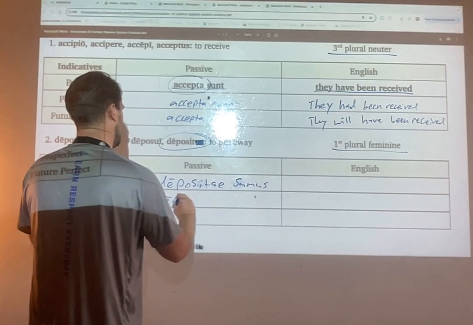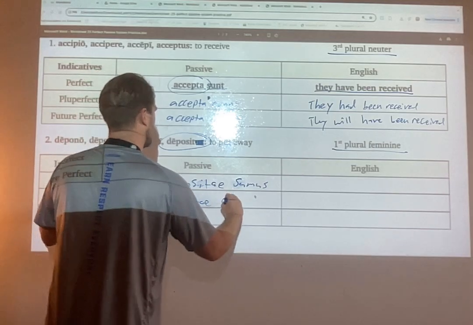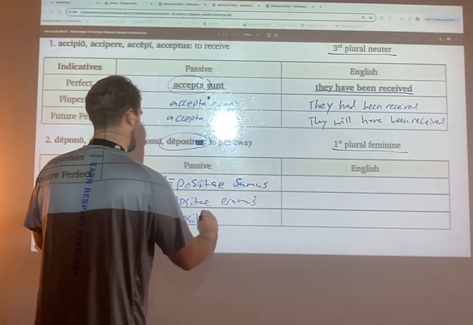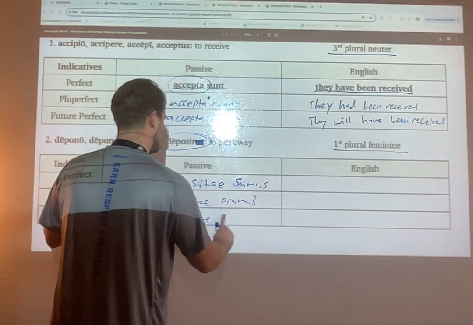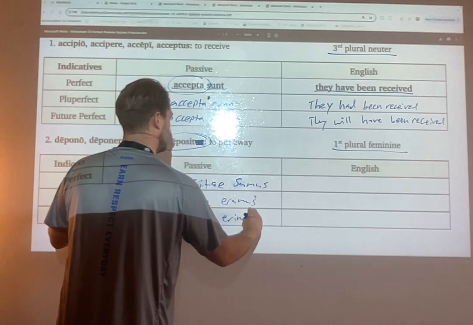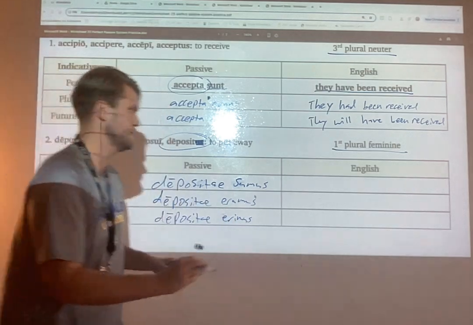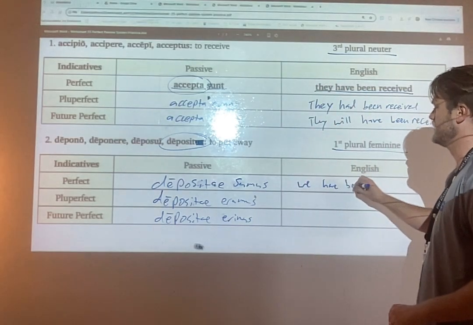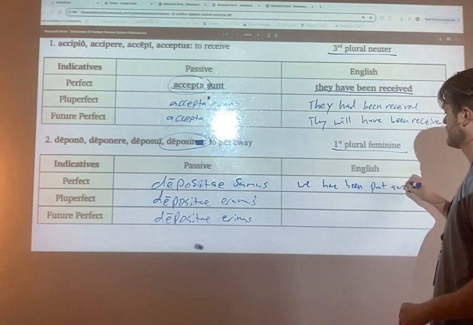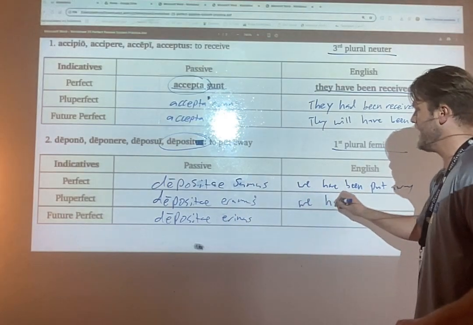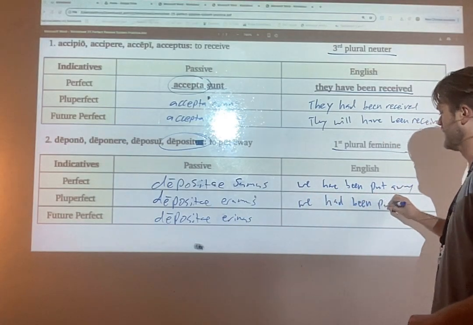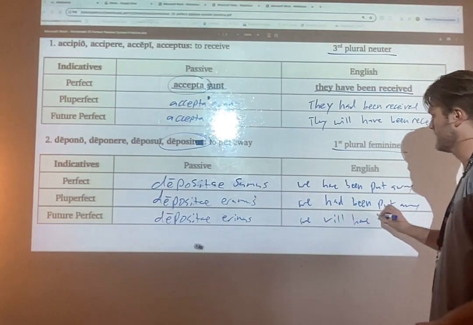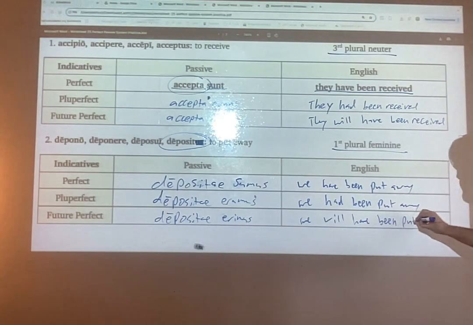Then depositae eramus, and then depositae erimus. To translate these: we have been put away, we had been put away, and we will have been put away.